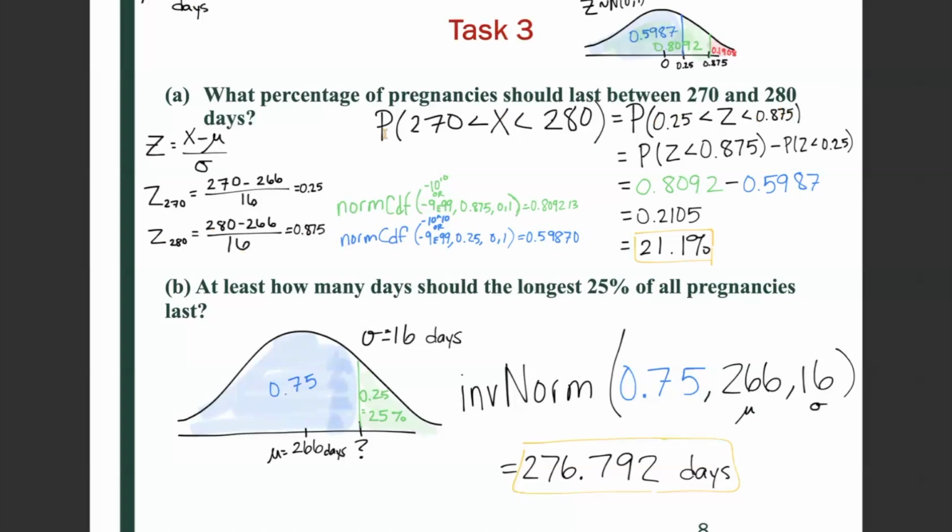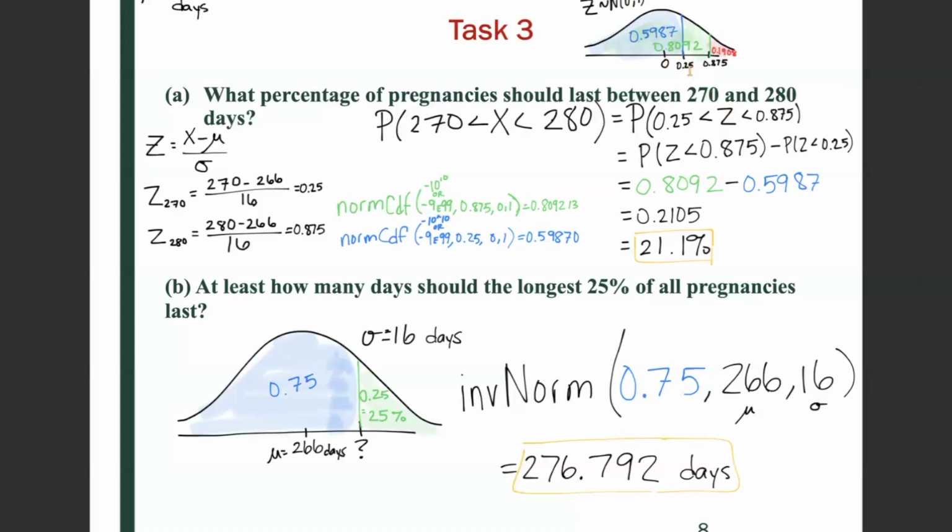So writing the probability of x between 270 and 280 is equivalent to saying the probability of our standardized variable z being between 0.25 and 0.875. Here I drew my normal curve, and since I standardized it, it follows a normal distribution with mean 0 and standard deviation 1, so it's centered around 0.